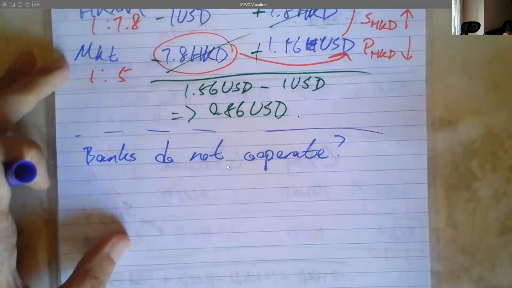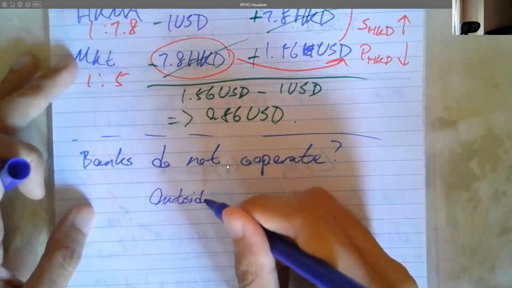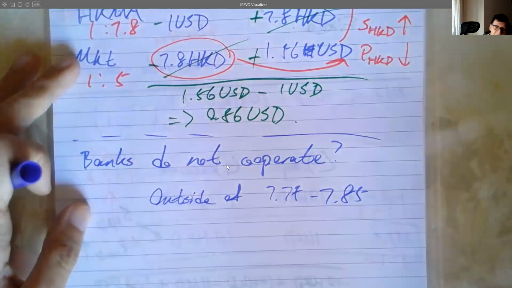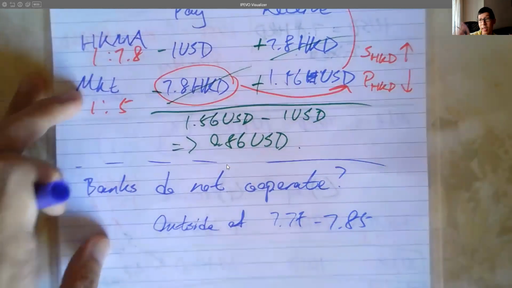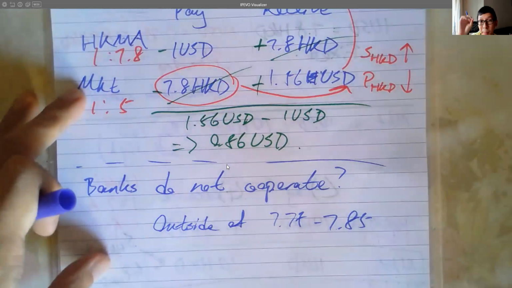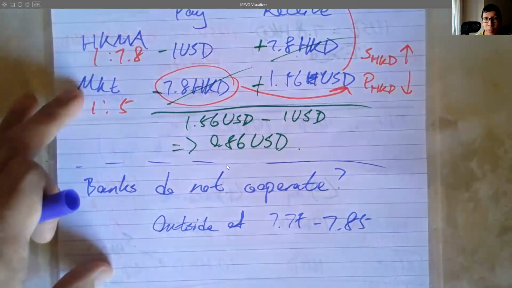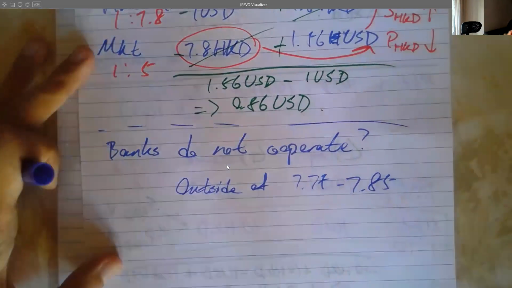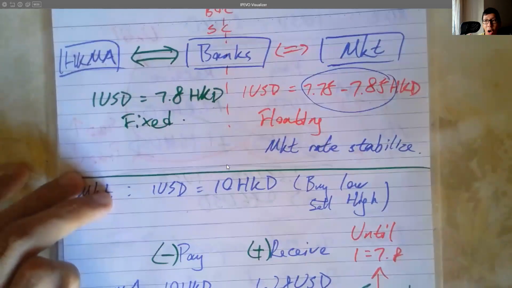So what happens is that whenever the rate jumps outside of 7.75 to 7.85, HKMA would do this action, not relying on banks. They would go directly to the market to buy or sell Hong Kong dollars. So in case banks do not cooperate, HKMA would do it by themselves. This is the basic working principle of the whole system.